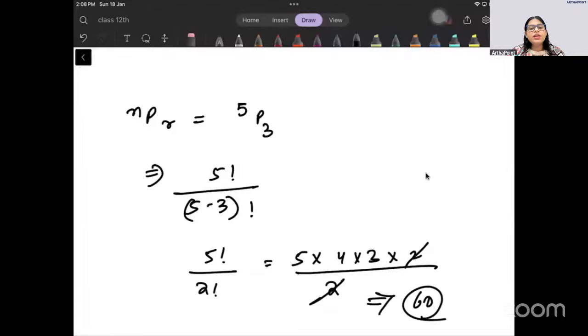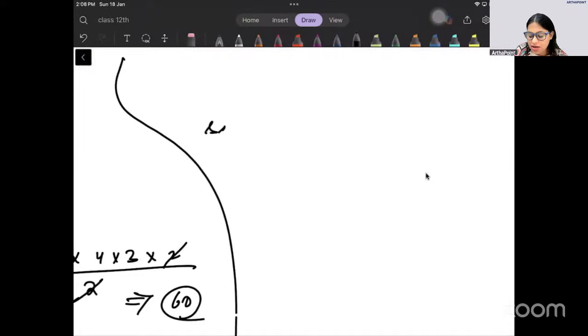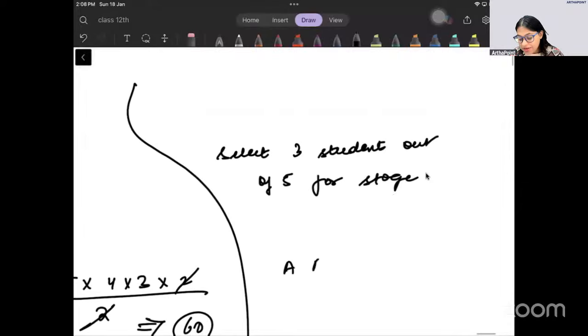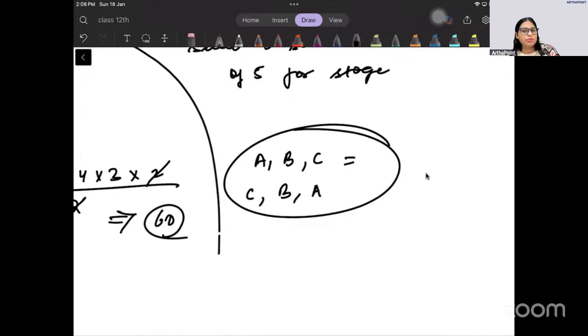In combination, the order does not matter. So if I had said the same question, I need to select 3 students out of 5 for the stage, now I just have to pick 3 students. Now A, B, C and C, B, A, these are the same because ultimately I have selected the same people.